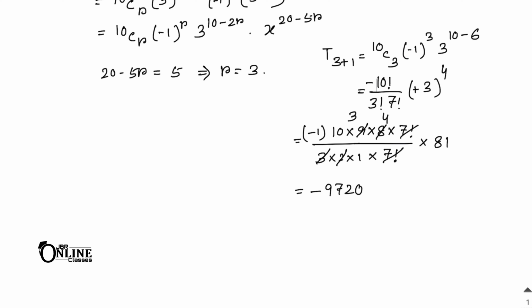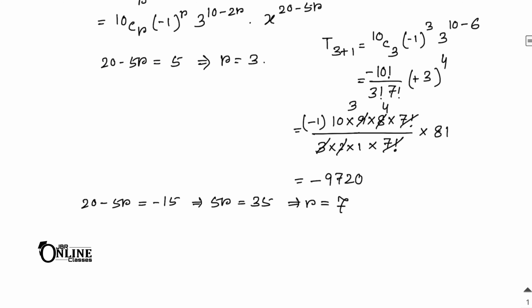Okay, and for x to the power minus 15, that one 20 minus 5r will be here minus 15. So that means here 5r equal to 35, and from that one r equal to 7.